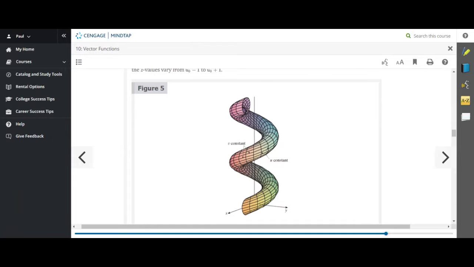But remember when we let v equal 0 and v equal pi over 2, that traced out 2 space curves that have different radii. If you look at the grid curves where v is constant, you get helices with different radii that move upward. And if you put all the helices together, it traces out this pretzel-looking surface.